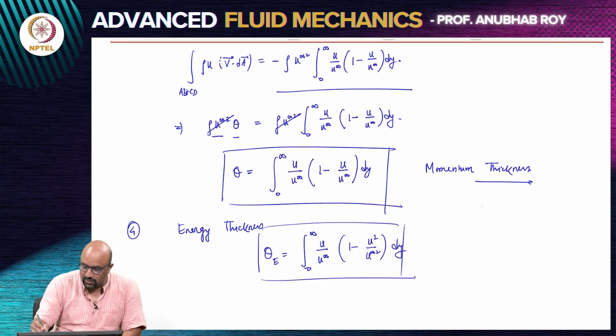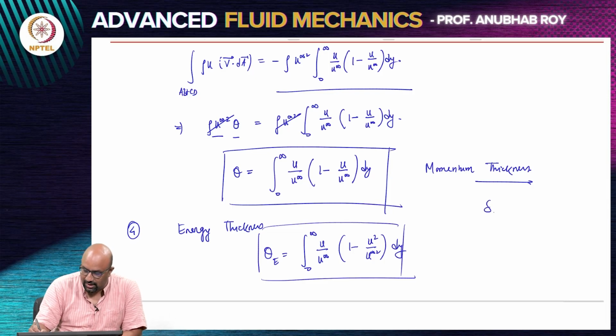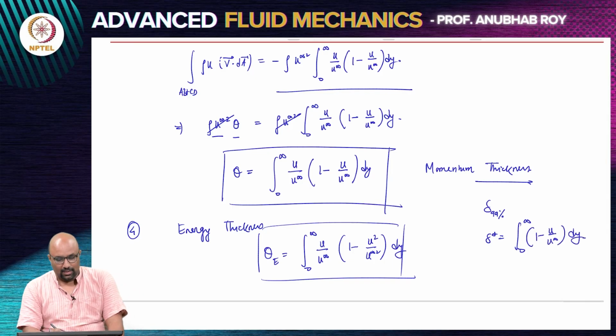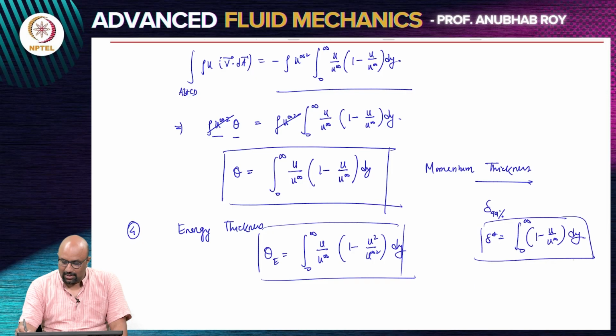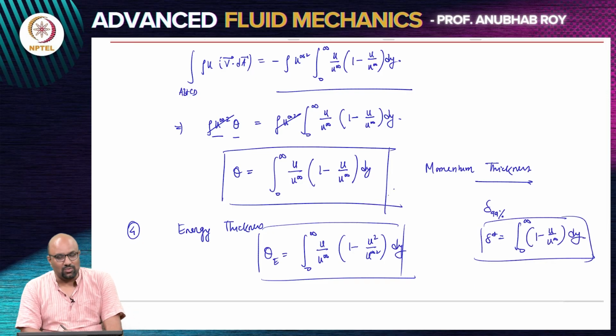So, we first saw the 99% criterion for thickness, then we saw the displacement thickness, which gave us a measure of how much the streamlines were getting displaced, and then a momentum thickness, which was based on the work being done to push the fluid past this no slip boundary.